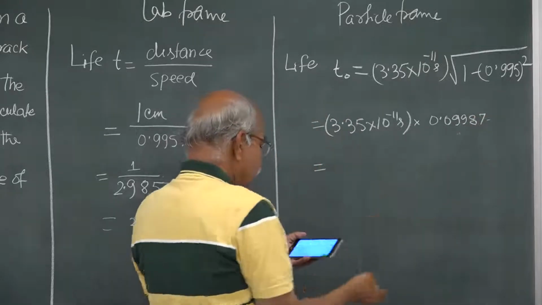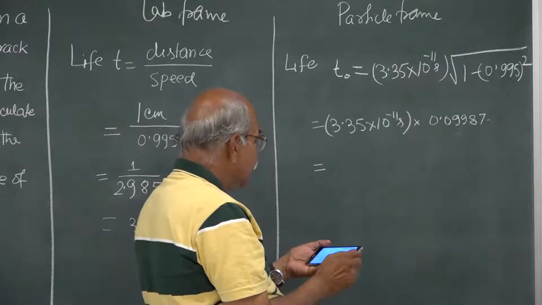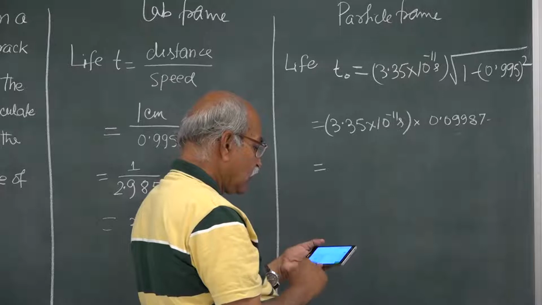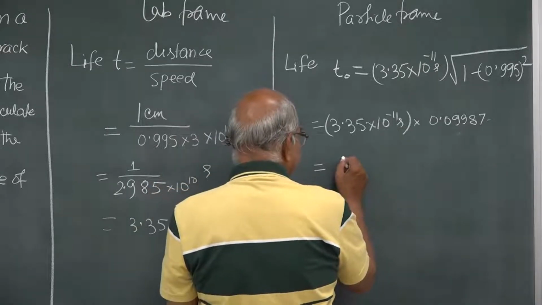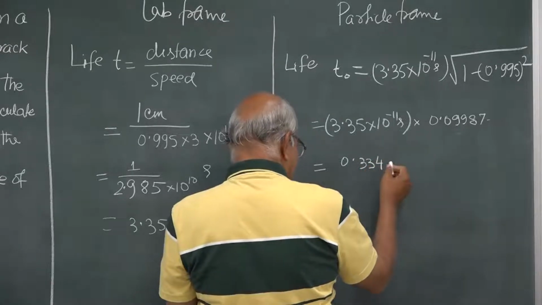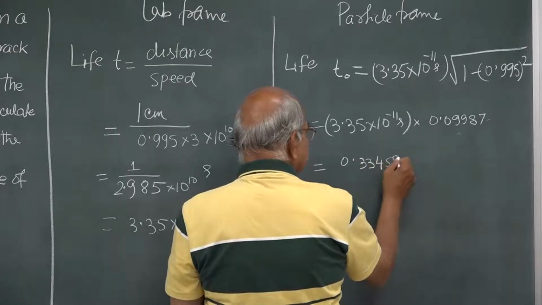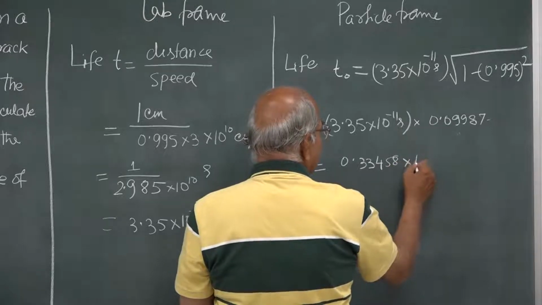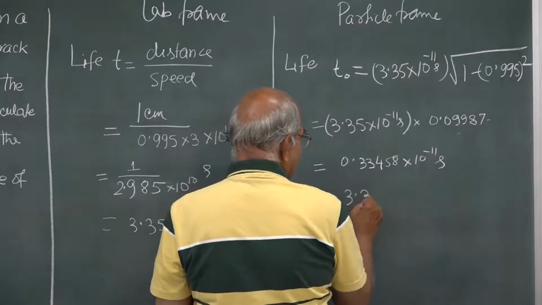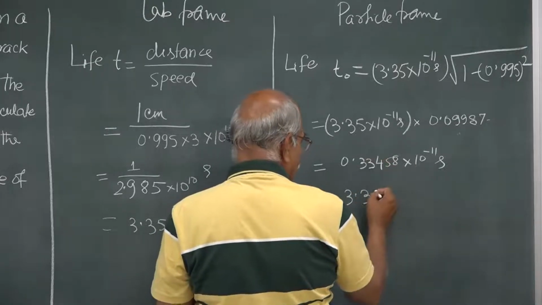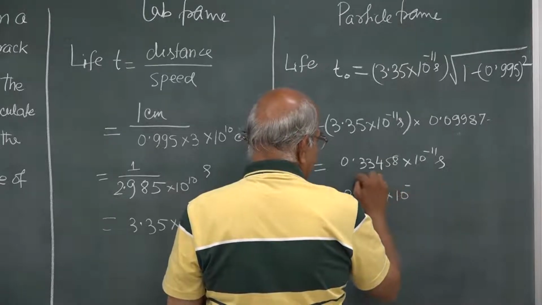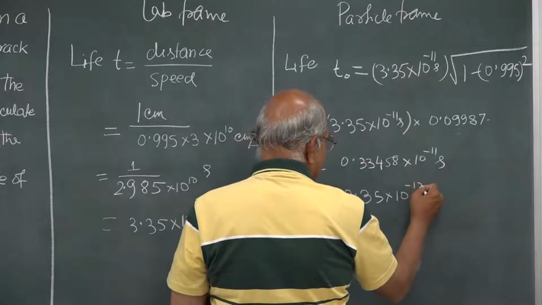If you multiply this by 3.35, it is 0.334, like that, and that into 10 power minus 11 second, or you can write it as 3.35 if you want to round it off, into 10 to the power minus 12 seconds, since you have multiplied, so you have to divide.